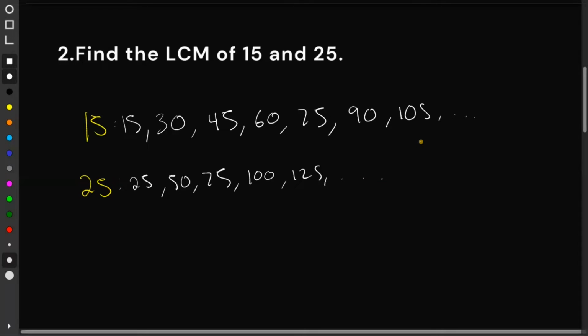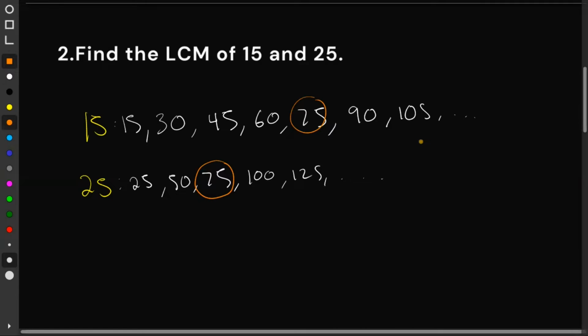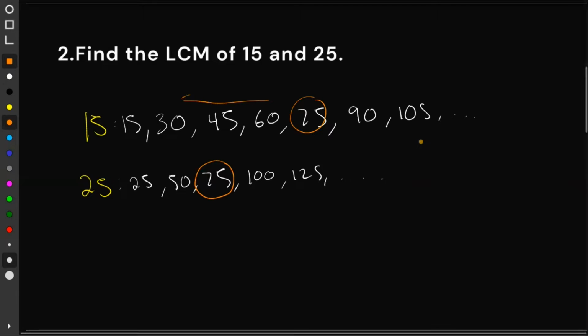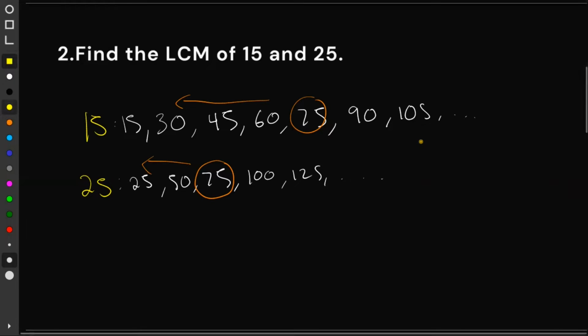Now, we don't need to continue anymore, since you can already see a common multiple of the 2. That is 75 out here. See? Since the numbers before 75 in both of these have nothing in common, we conclude that the LCM of 15 and 25 is 75.